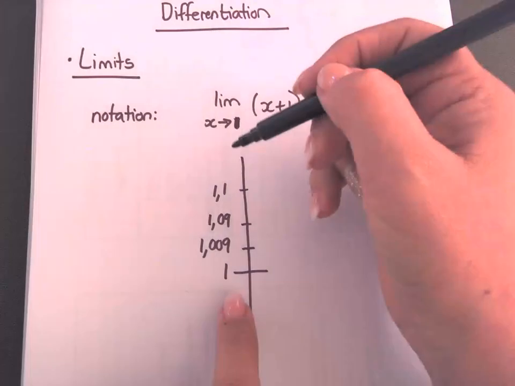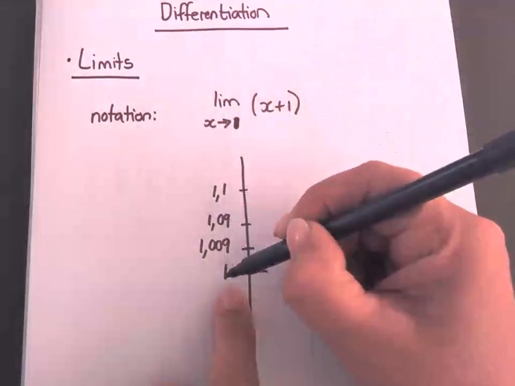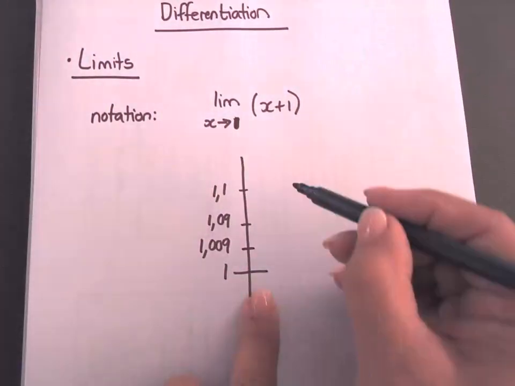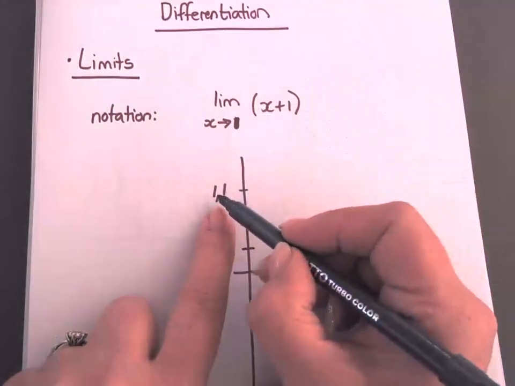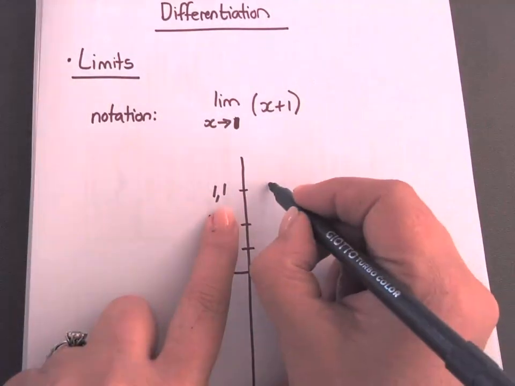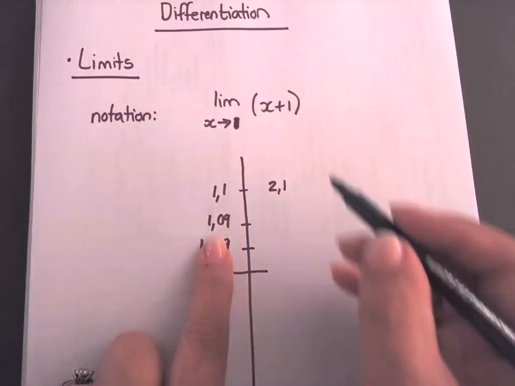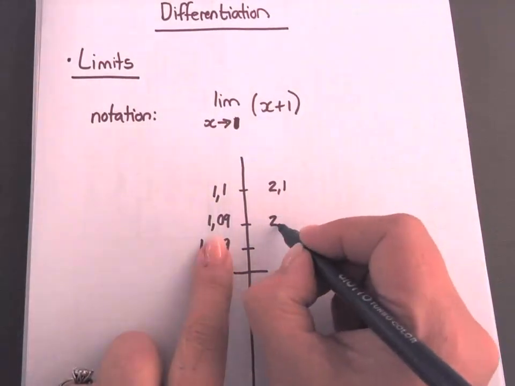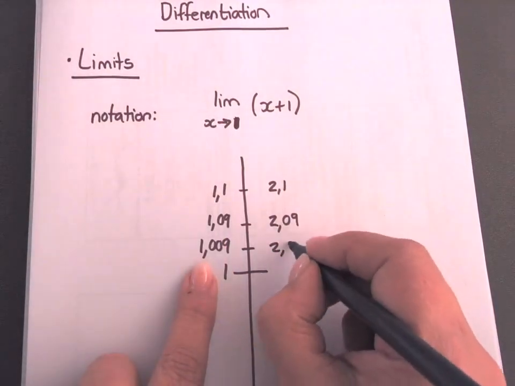What happens if x approaches 1? What will the answer be? So let's substitute these values. 1,1 plus 1 gives you 2,1. 1,09 plus 1 gives you 2,09. 1,009 plus 1 gives you 2,009.